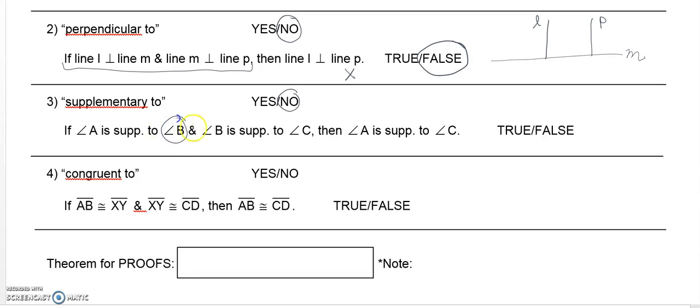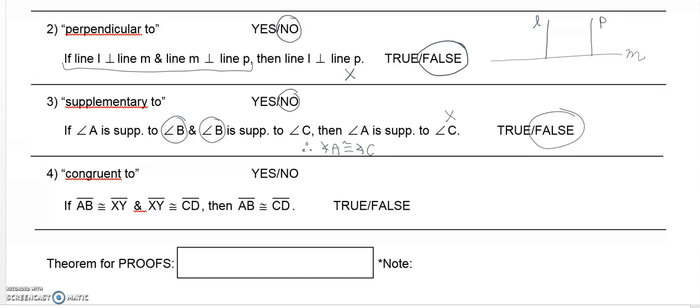We know that B is the same angle. If two angles are supplementary to the same angle, then they're congruent. So we can make the conclusion that angle A is congruent to angle C, right? We cannot make the conclusion that A is supplementary to C. So that's what makes this statement false.